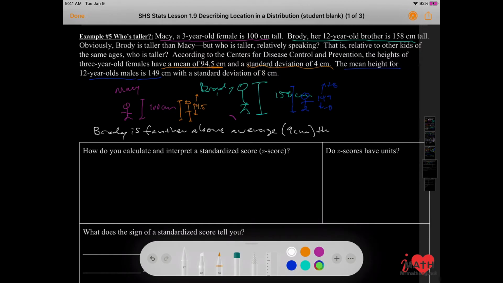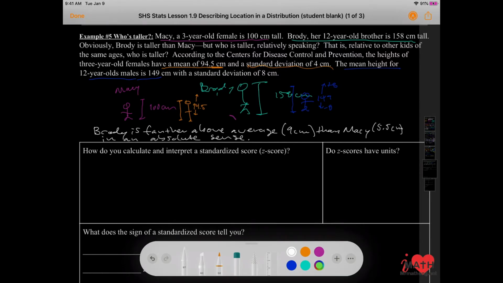Then Macy, you subtract on Macy's 100, she's taller, right, than the average. 100 minus 94.5 gives you 5.5 centimeters, and we call it the absolute sense. So we're just subtracting those values, right?